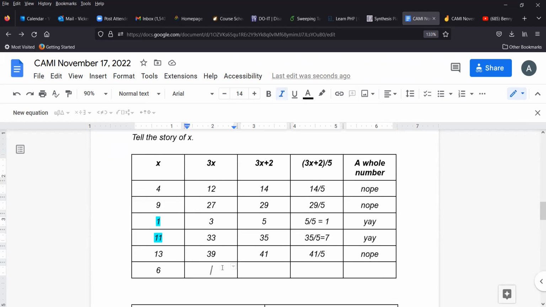So 3 times 6 makes 18, and then add 2, so you get 20. 20 divided by 5 is 4, which is a whole number. Yay. And I'll just highlight it. So this also worked. Whoa. 6 worked.